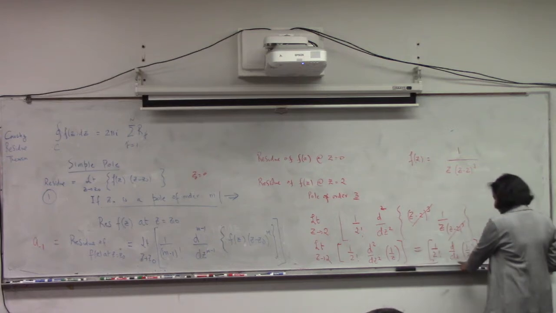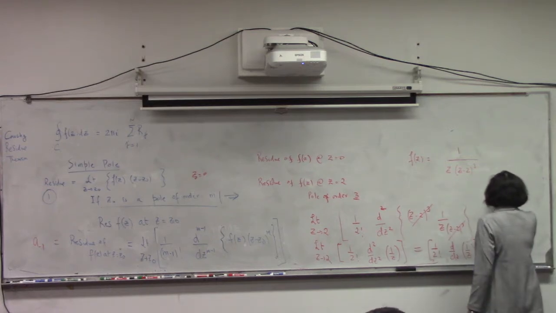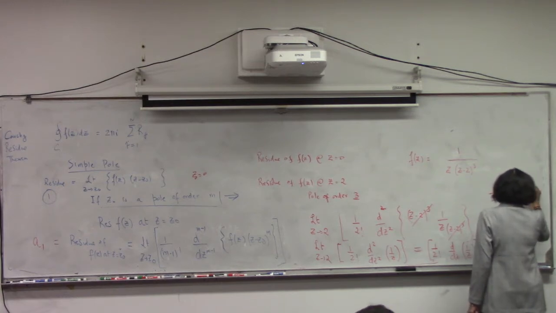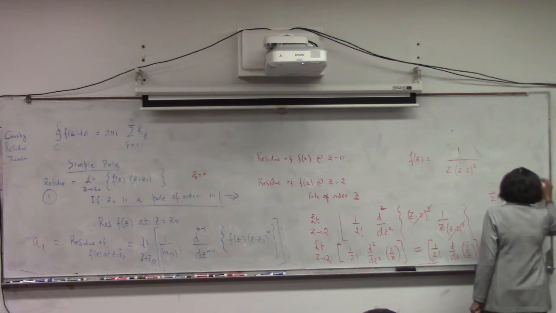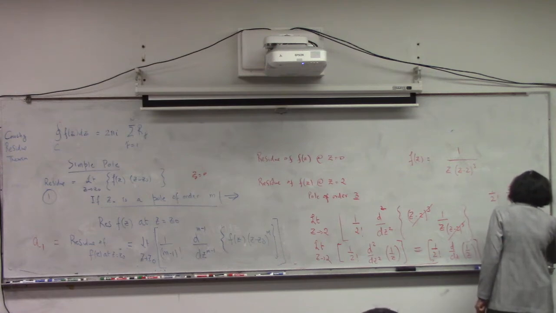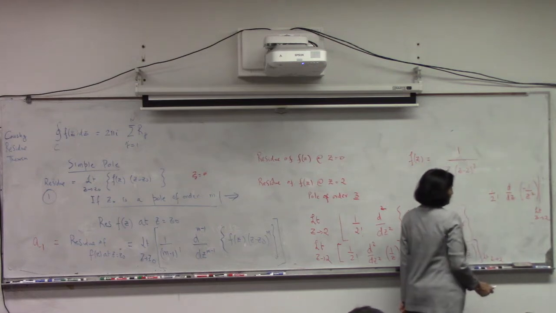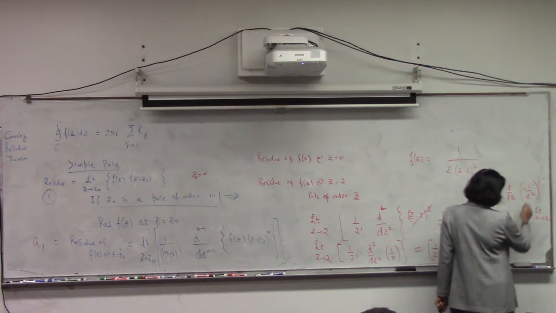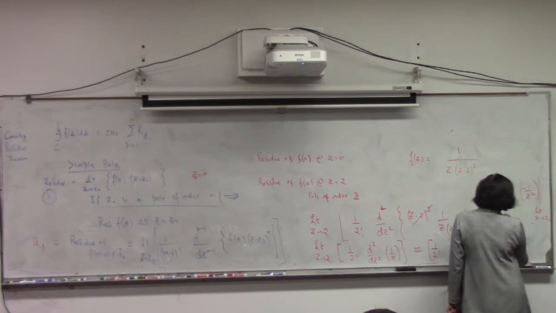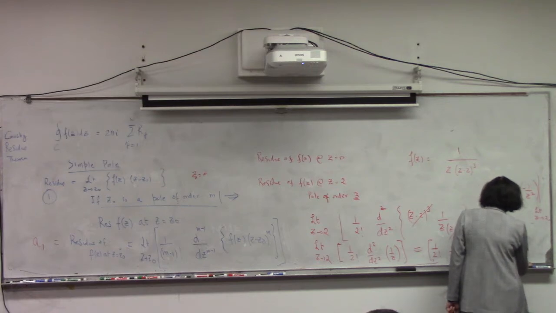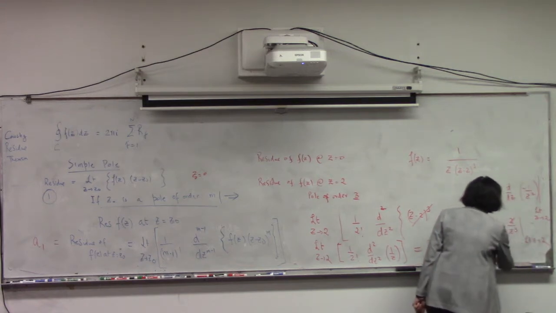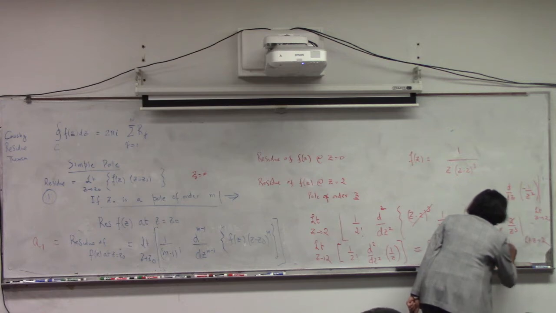That is negative 1 over z squared, and then you have to differentiate one more time, and don't forget the limit. So that gives plus 2 over z cubed. I have 1 over 2 factorial times 2 over z cubed, limit z tending to 2. So the 2 and 2 cancel, and it's nothing but 1 over 8.